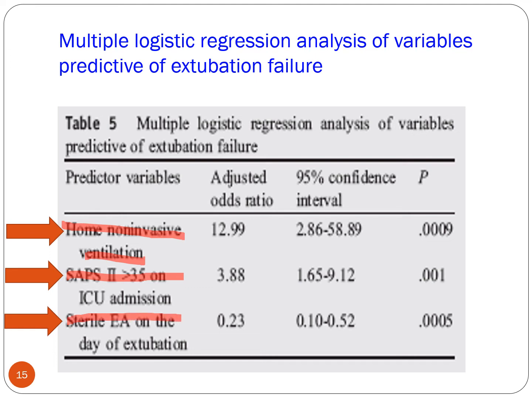Now, they use this term called adjusted odds ratio. What that means is the likelihood of failing versus a normal person. So, for example, of those 148 patients, the odds ratio for the use of non-invasive ventilation was 12.99. The odds ratio for SAPS2 score greater than 35 was 3.88, and sterile aspirates was 0.23. So the real take-home points are the non-invasive ventilation and SAPS2 score.